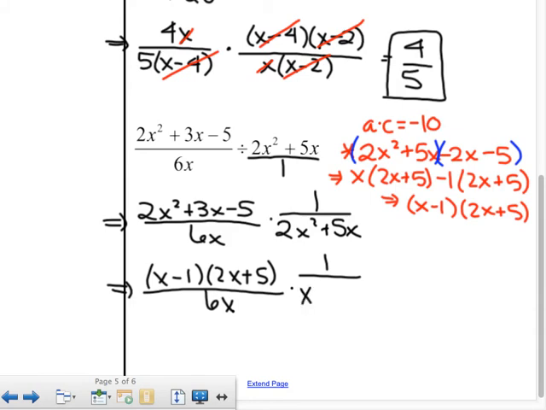Bottom right, you can pull out an x, so you're left with 2x plus 5. So I see a common factor, 2x plus 5, in the numerator and the denominator.